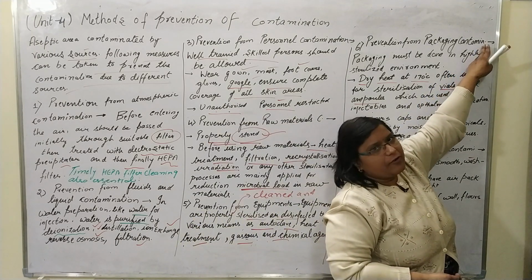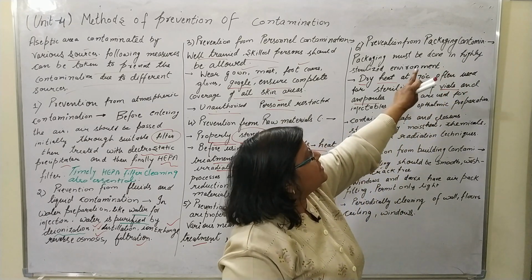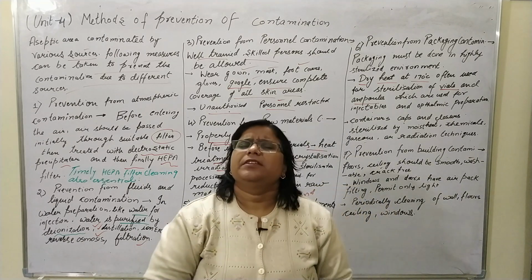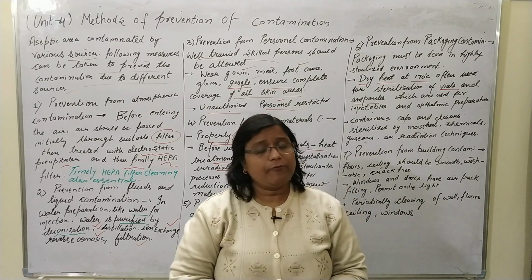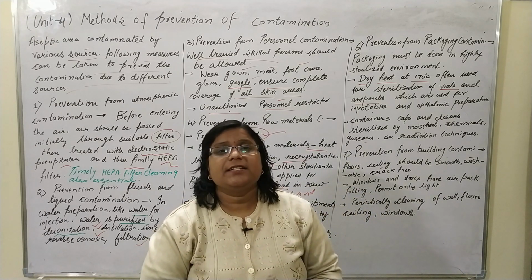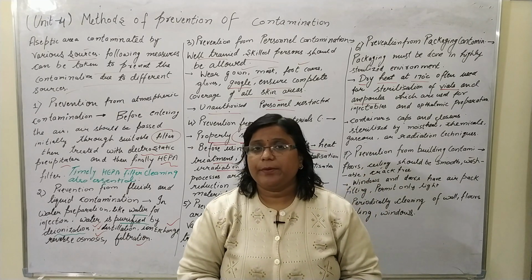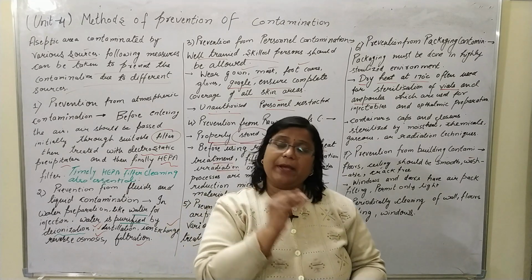Now the sixth is prevention from packaging contamination. In the pharmaceutical industries or in any other aseptic preparations, we have to keep in mind that packaging is the most important aspect of any kind of preparation. So we have to be very cautious during packaging also.